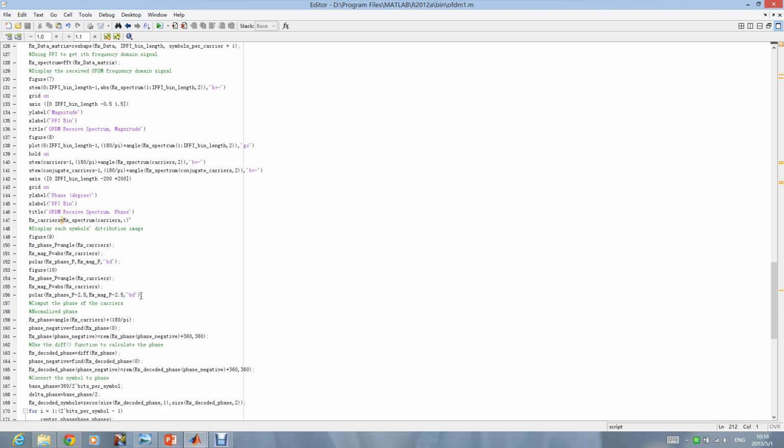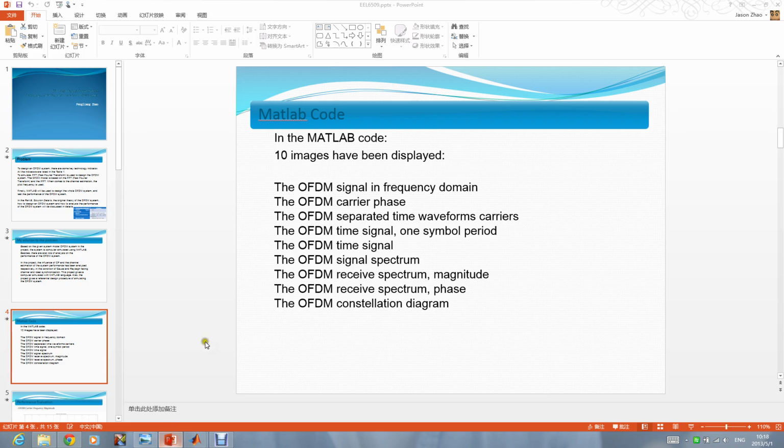But if the delay is longer than the CP, there will be some distortion in the constellation points, and we're going to see the result in the PPT.